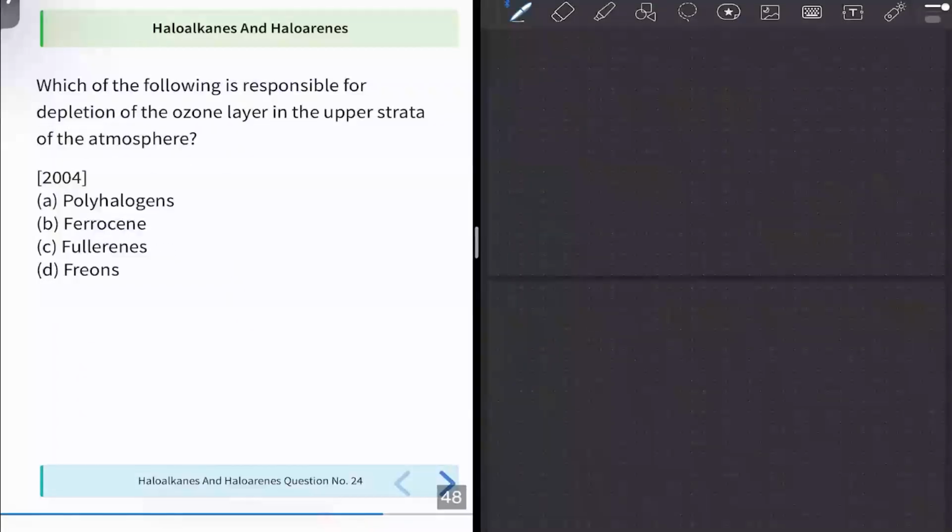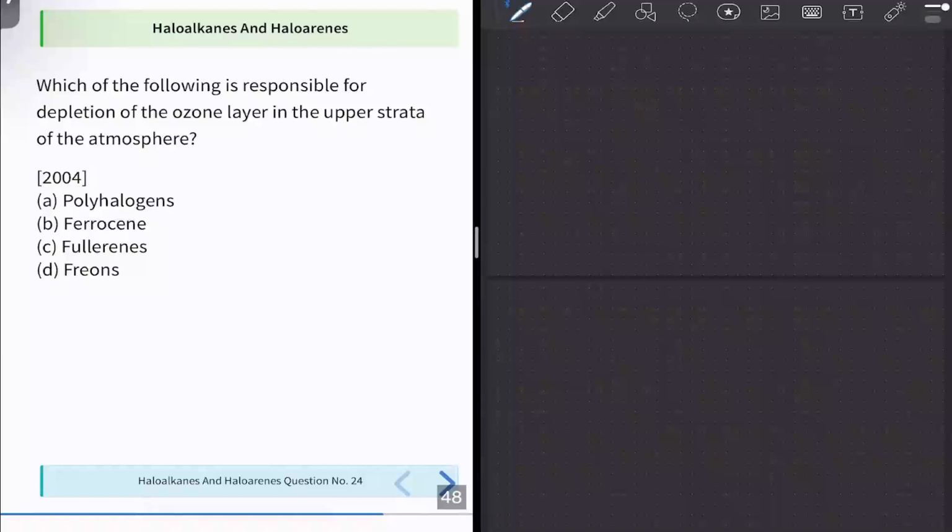Which of the following is responsible for depletion of the ozone layer in the upper strata of the atmosphere? From class 6 or 7, you might have read that for ozone layer depletion, chlorofluorocarbons are responsible, and chlorofluorocarbons are used in refrigeration. So the chlorofluorocarbons are the answer here.